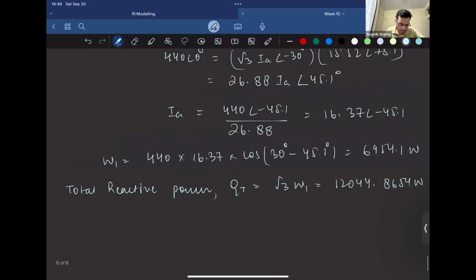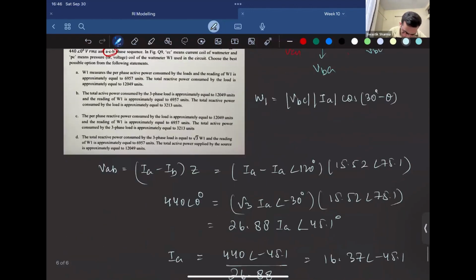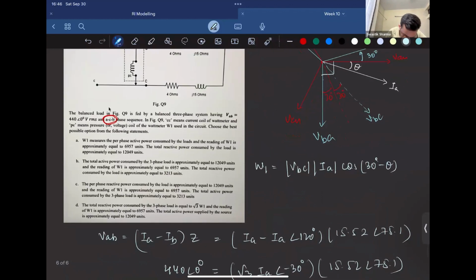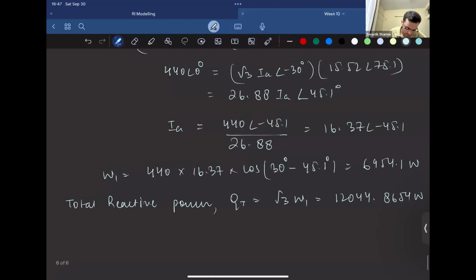Now the question says W1 measures the per phase active power. This is wrong, it doesn't measure per phase active power. Since the total reactive power we calculated is 12044, this option is also wrong.